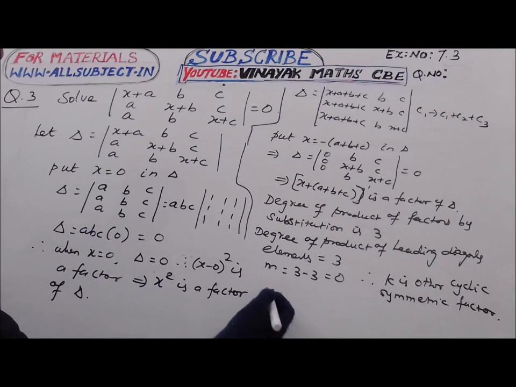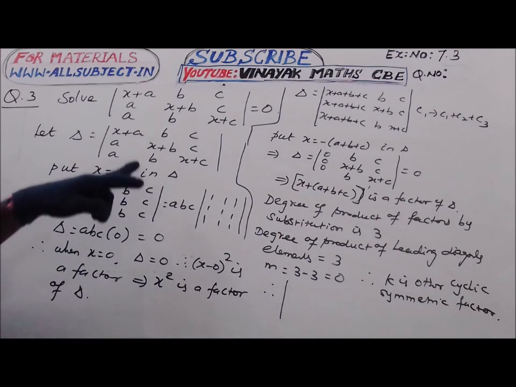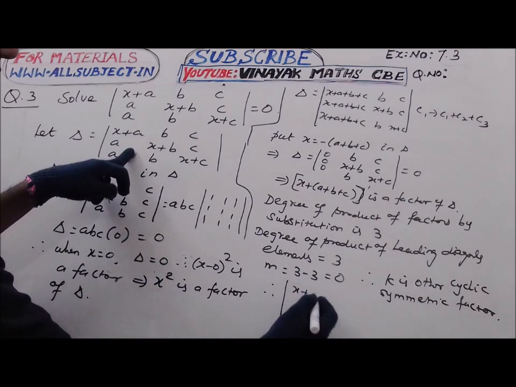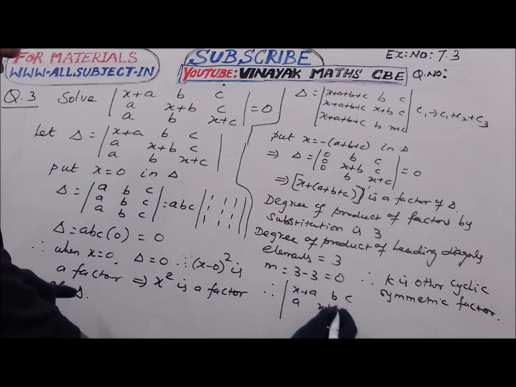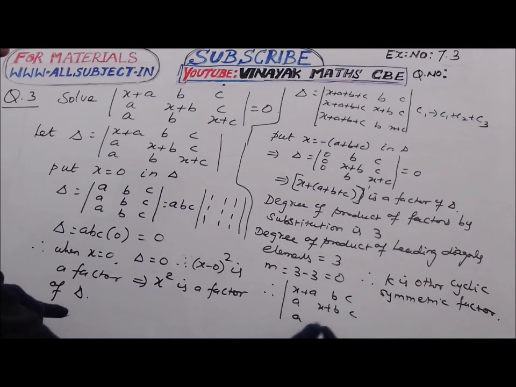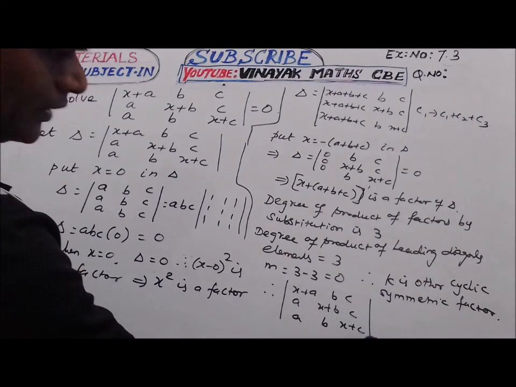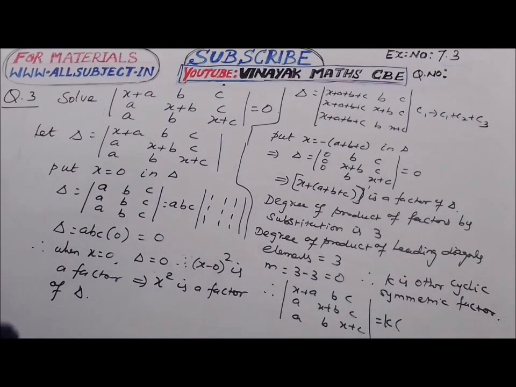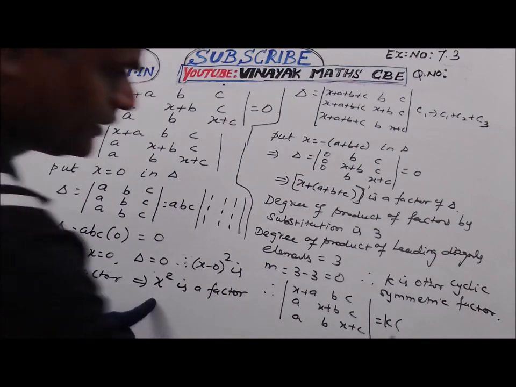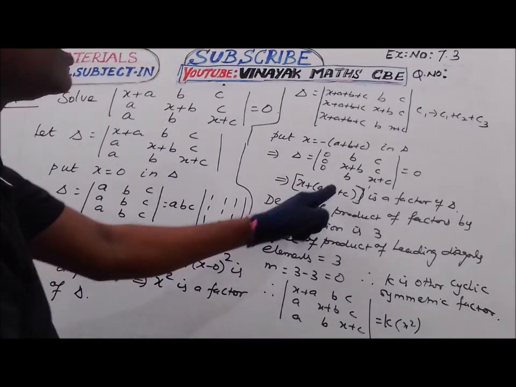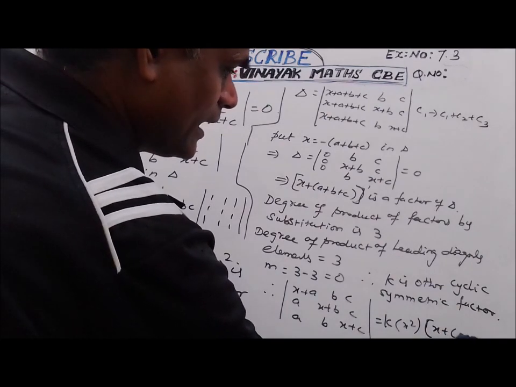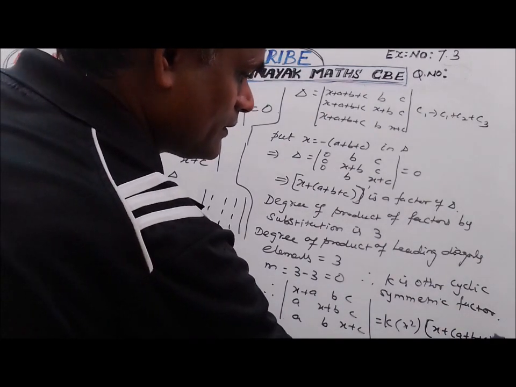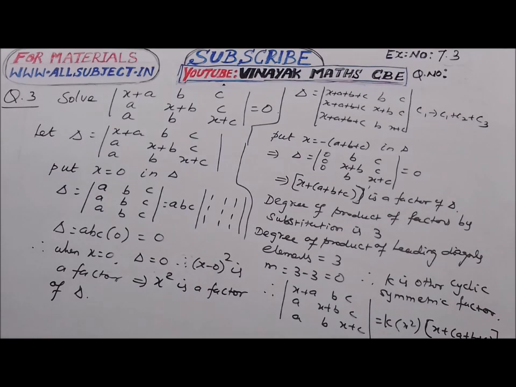Now delta, the determinant with rows x plus a, b, c; a, x plus b, c; and a, b, x plus c, will be equal to k into x square, which is one factor, and x plus a plus b plus c as another factor. Now we need to find the value of k.